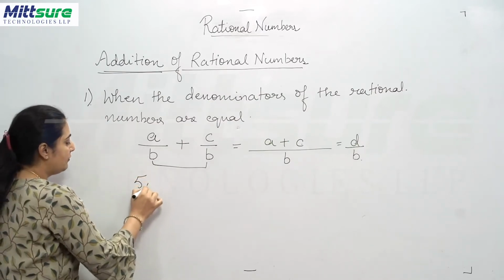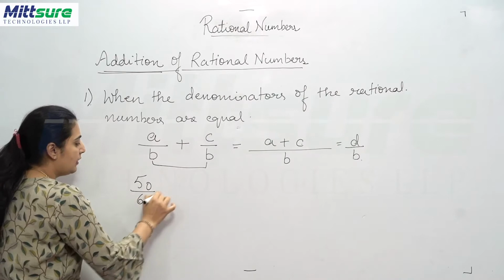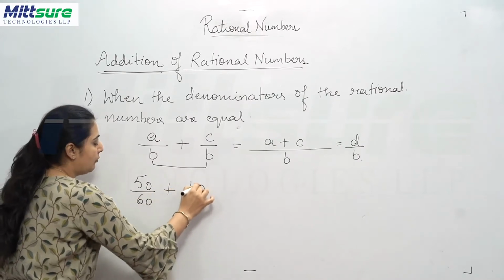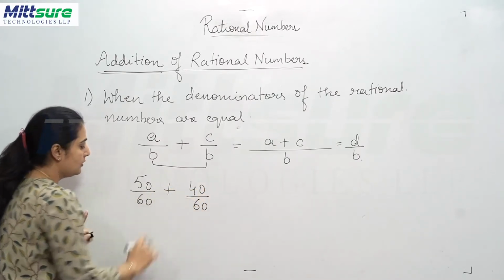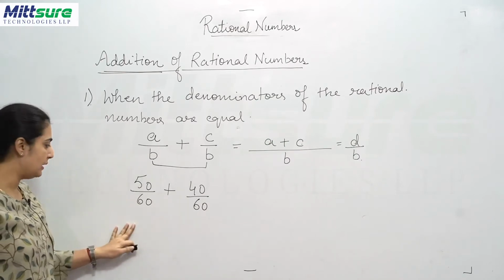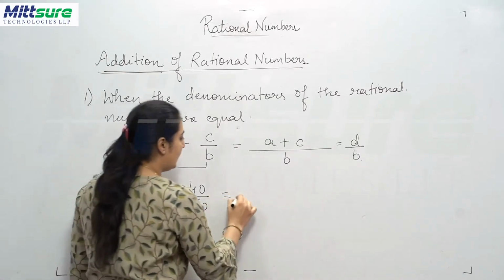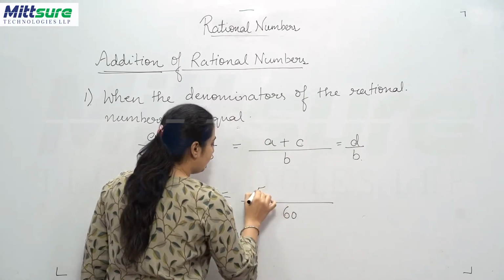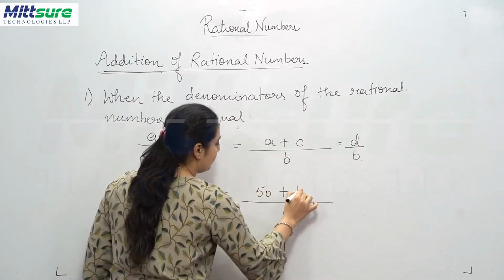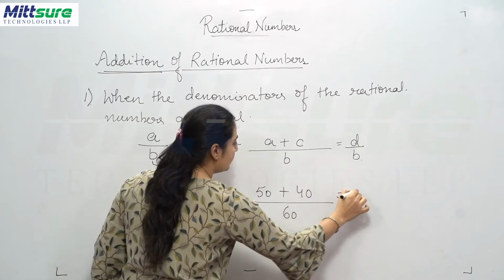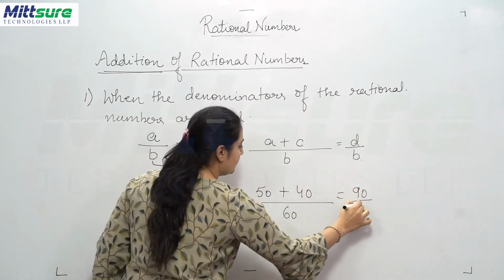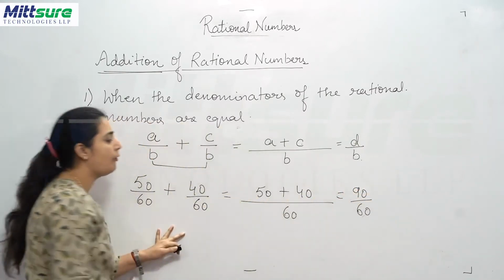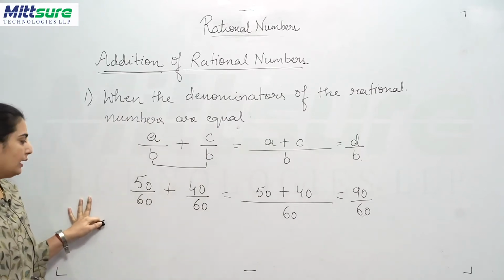Suppose I have taken 50 upon 60 plus 40 upon 60. Here the denominator remains the same, so I will take the common denominator 60. 50 plus 40 equals 90 upon 60. So this is how I am supposed to do the addition.